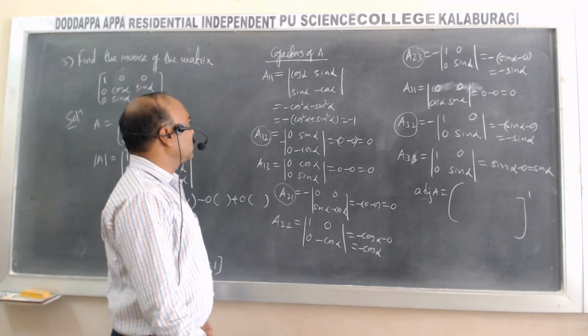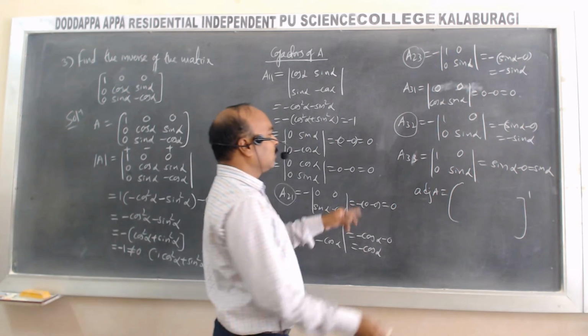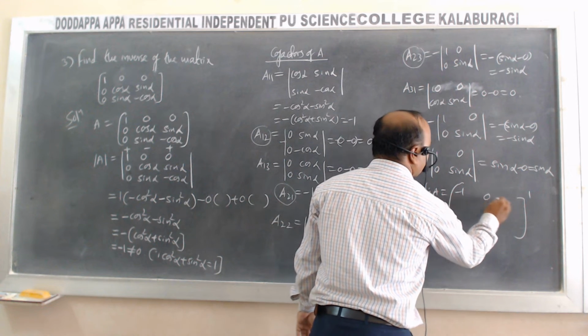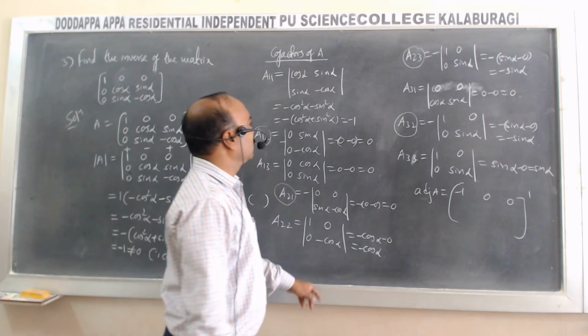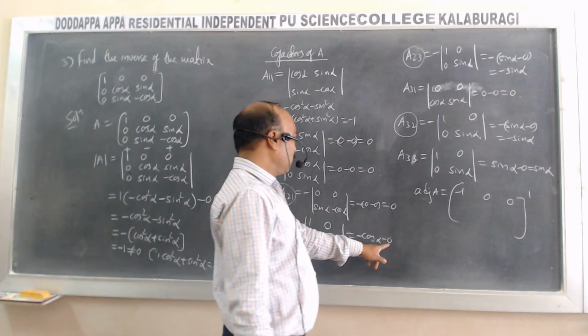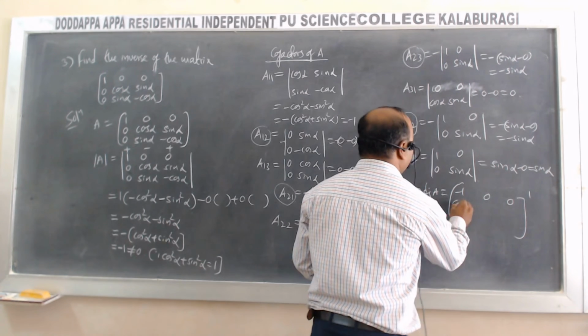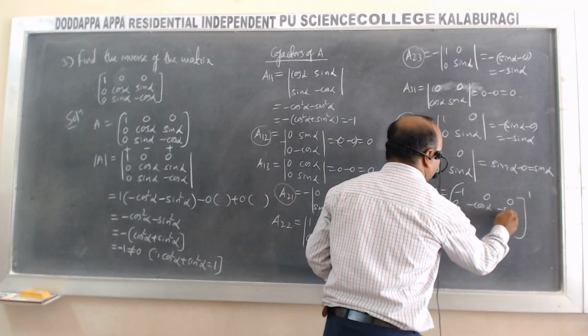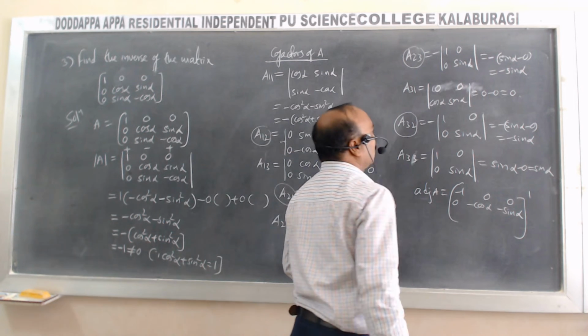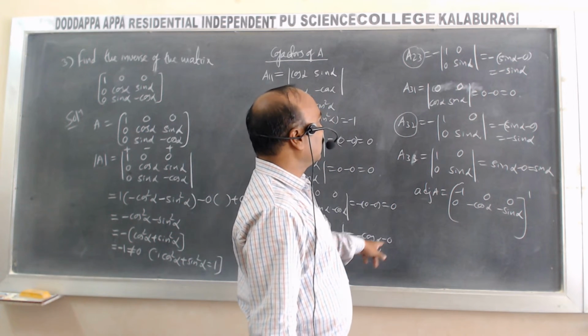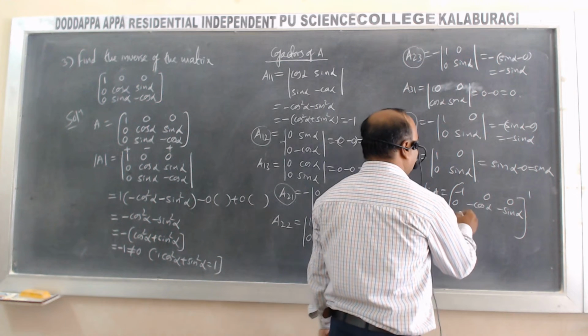First row is, we got minus 1 0 0, and second row is 0 minus cos alpha minus sin alpha, and third row is 0 minus sin alpha sin alpha.